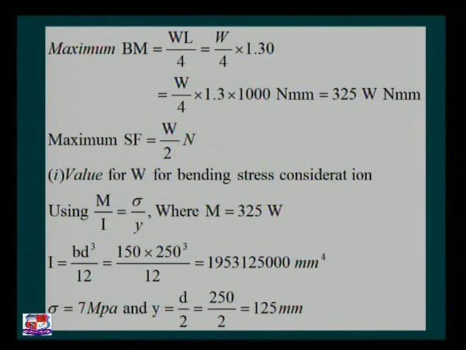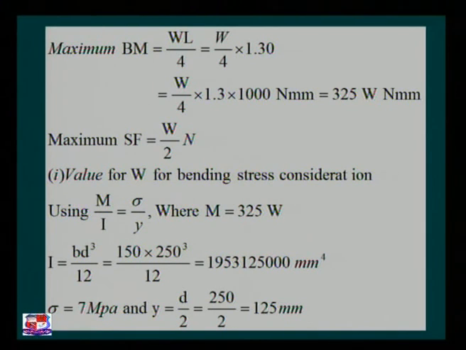I is equal to BD cube by 12, that is 150 into 250 cube by 12. By simplifying this, we achieve 1953125 millimeter raised to 4. Sigma is equal to 7 megapascal.